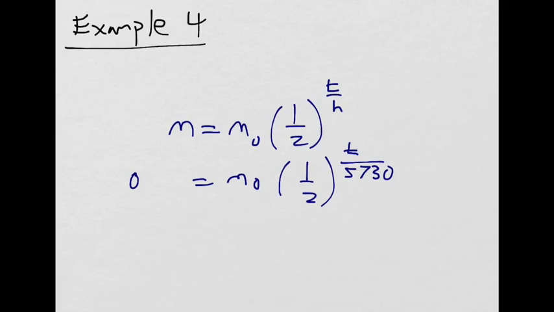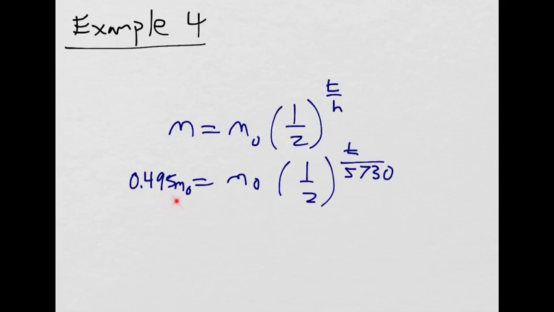Why does it make sense to do that? Because that's all the information that I have about how much the thing weighs right now. It's 49.5% of its original mass. So the current mass, m, is 49.5% of what it used to be.